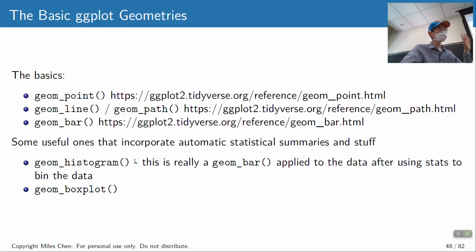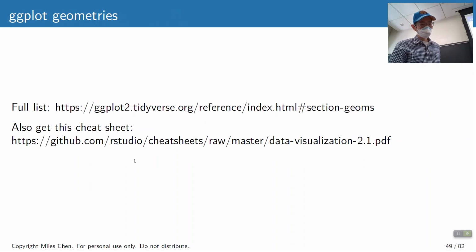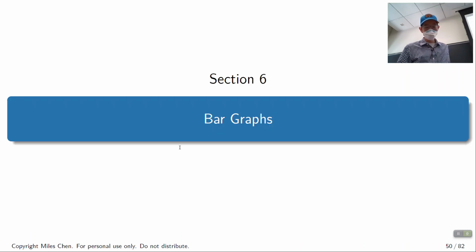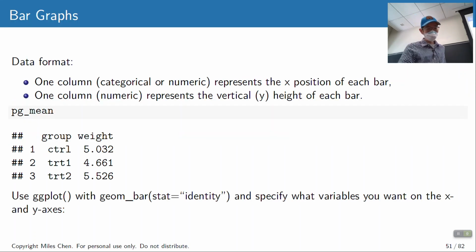And so you can go to the ggplot reference, I think it's ggplot2.tidyverse.org or something like that, and it has all of these reference values and things you can create. But here, let's just take a quick look. So here's the reference, and here's the cheat sheet of all of the things you can do. Okay, bar graphs. So I'm going to just blitz through this very quickly.